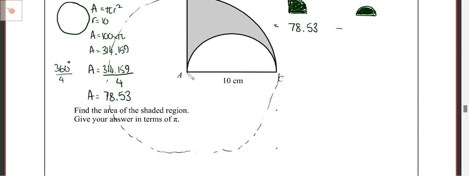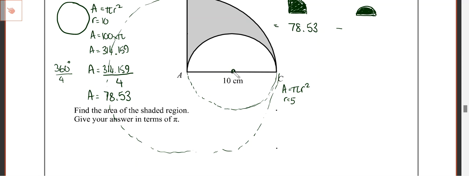Well, I need to now know the area of this smaller circle, yeah? What's the area of the smaller circle? This area equals pi r squared. Yeah? What's r of that circle? 5 centimetres. Why is it 5 and not 10 this time?